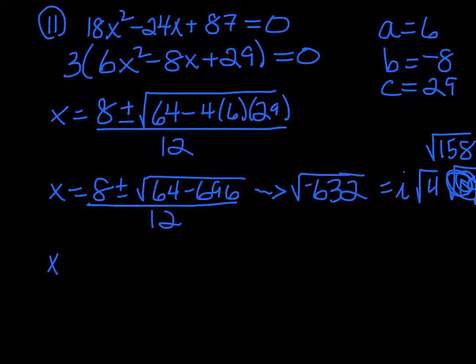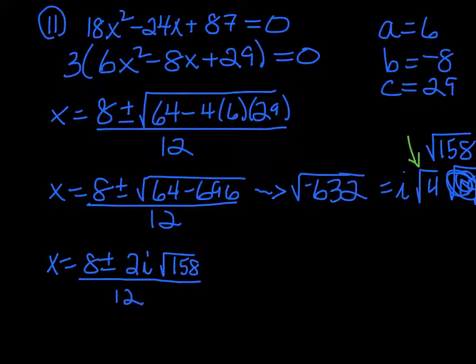So then I'm going to get x equals 8 plus or minus. Now here we go. So if I go down at the end there and I look, I see that the square root of 4 right there is going to be a 2. So then that means I'm going to get 2i on the outside and the radical 158 underneath. And this whole thing is divided by 12. Okay, well, I know that I can simplify.